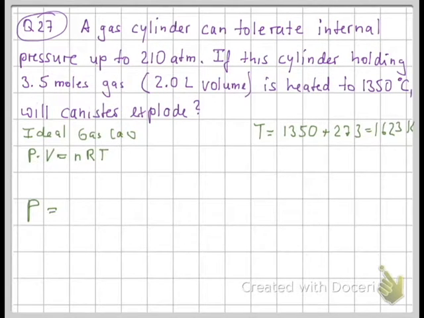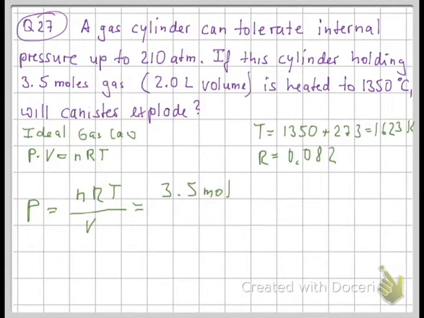P equals nRT divided by V. So we have the volume. The number of moles is 3.5 moles. Oh, and then we have our gas constant. That is R equals 0.082.